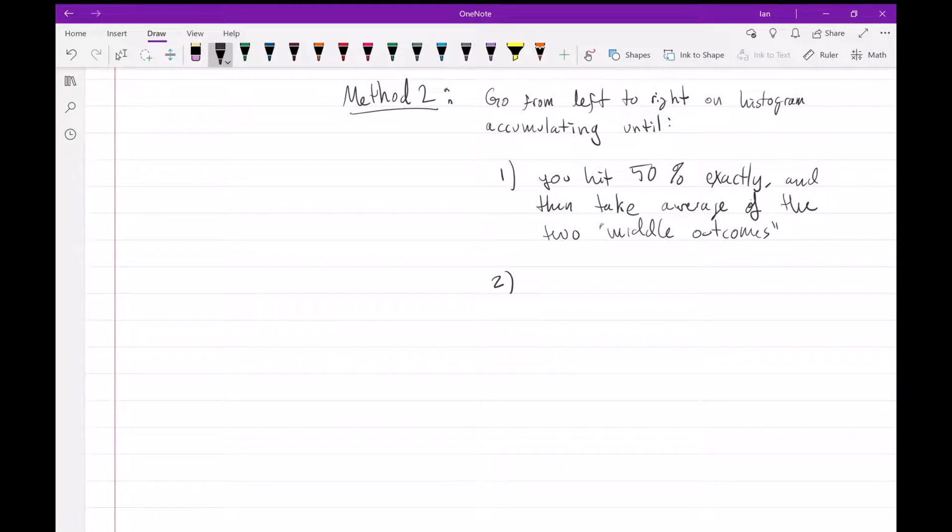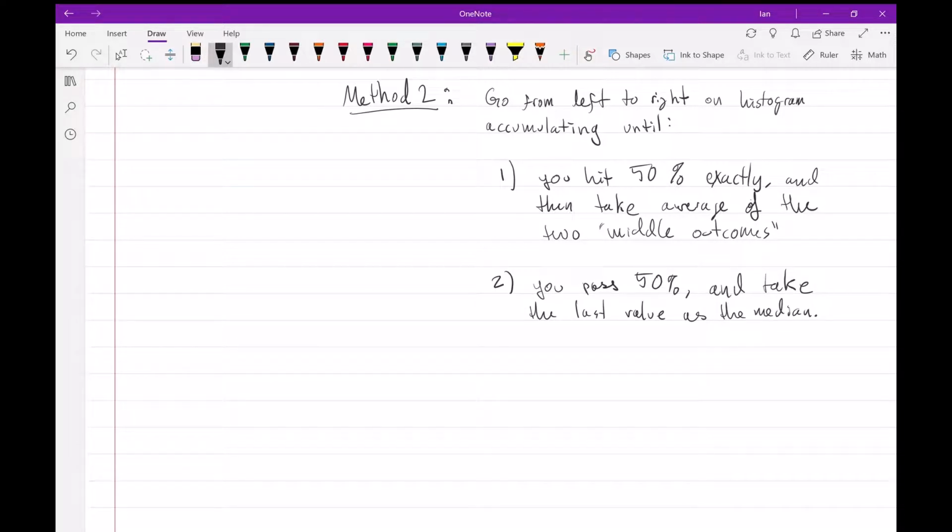So we'll call that you pass 50%. And of course we're going to do examples of all this in just a second. Pass 50%. And then take the last value as the median.